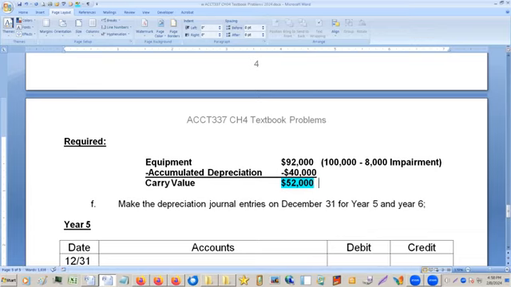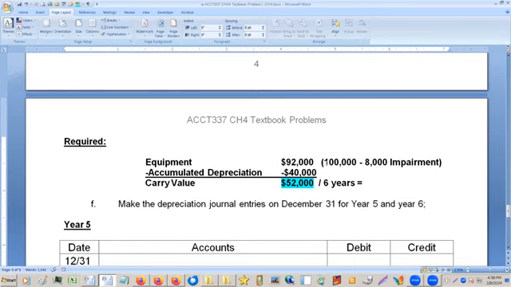So 52,000 divided by 6 years. I don't think that's going to be a nice number. 52,000 divided by 6 years. All right. We're rounding off to the nearest dollar.